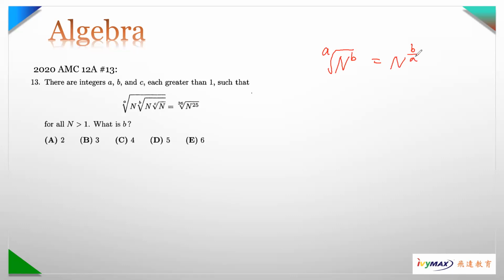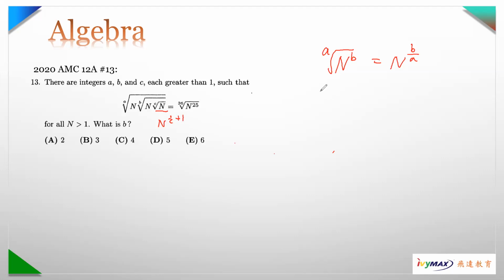Yeah, just using that very basic rule for radical exponents. Okay, I can rewrite the expression on the left by starting from inside. So this part is n to the power 1 over c, times n, so I just add 1 on the top, right?